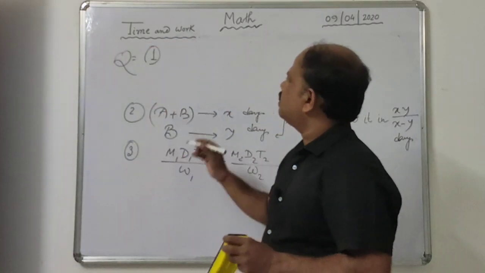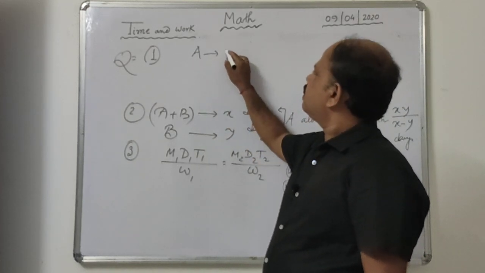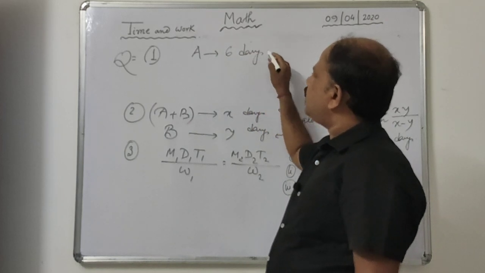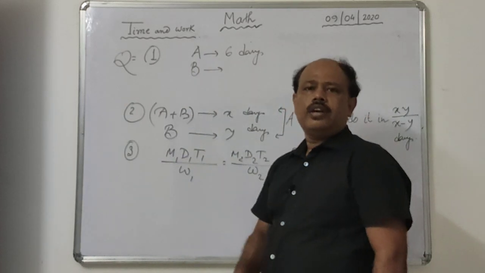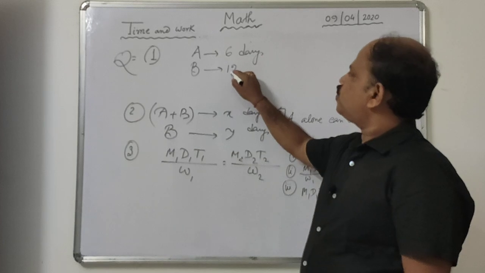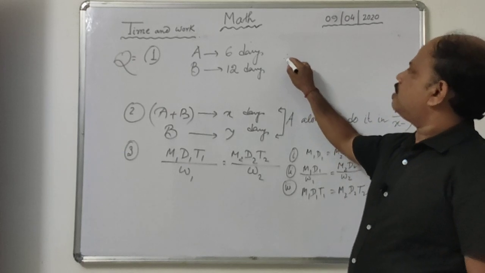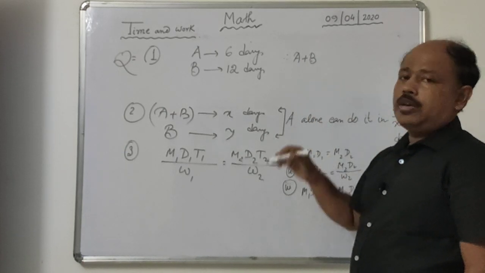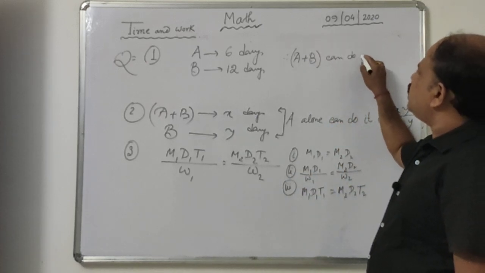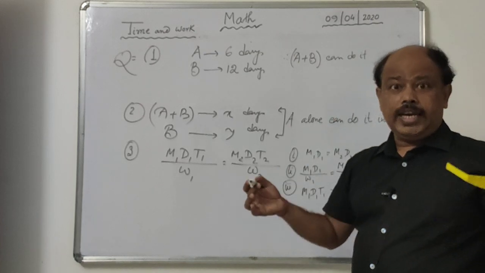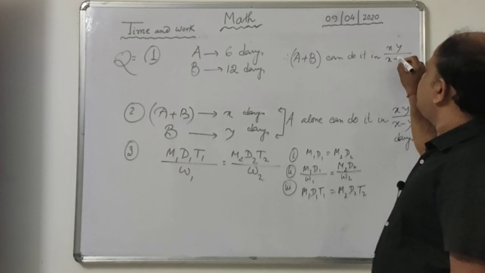If A can do a work in 6 days and B, another man, can do the same work in 12 days, then together, means A plus B, can do it in xy by x plus y, the formula you have to know.